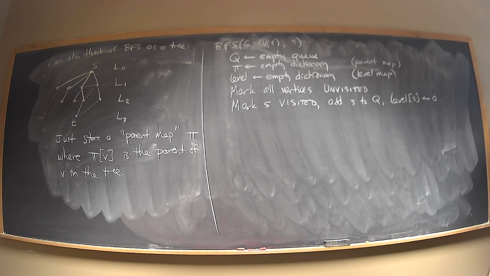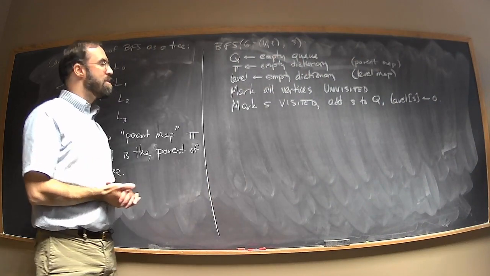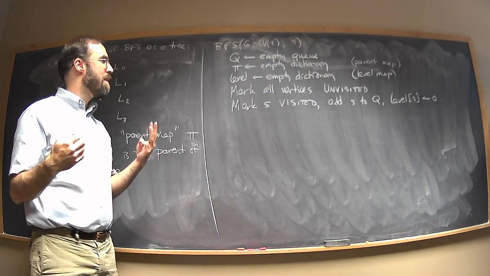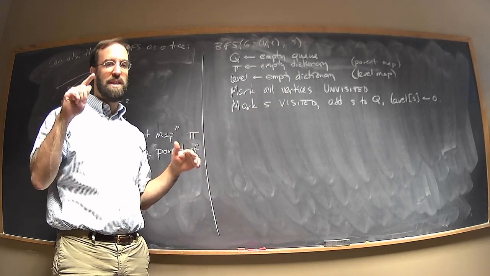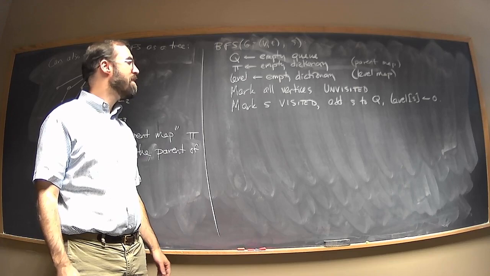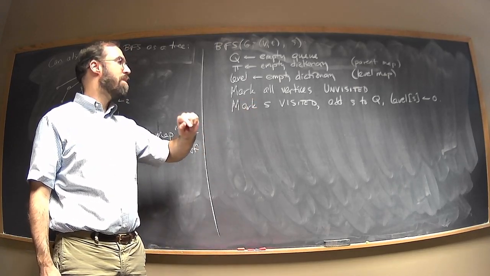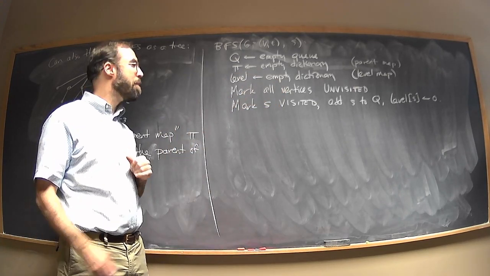I put this all on one line because it would really be like 3 statements in any programming language, but it's all about initializing our starting vertex S. So there are 3 things we have to do. We have to say S has been visited, so if I come back to S later, I don't redo anything. We put it in our queue as the first vertex to process, and its level is 0.